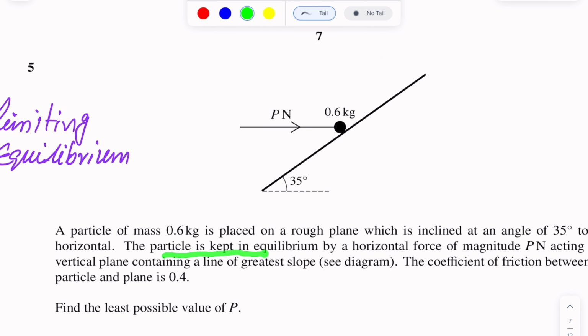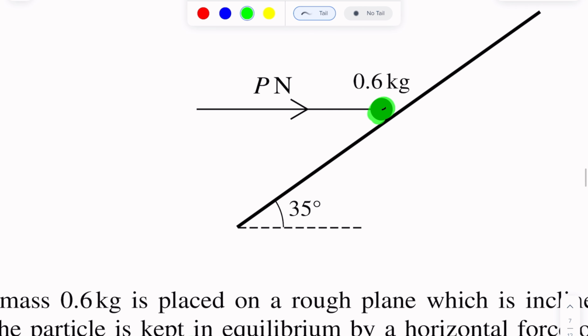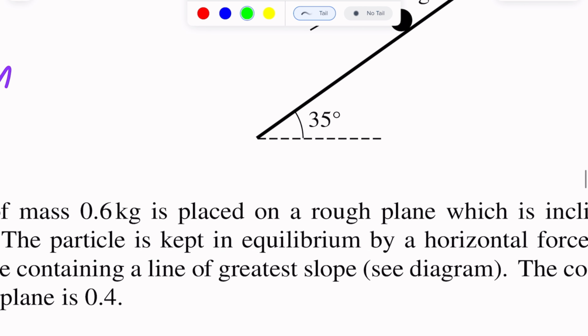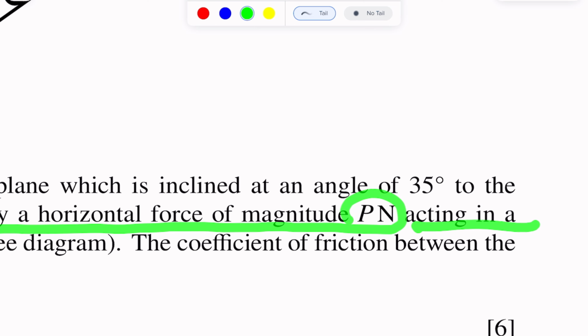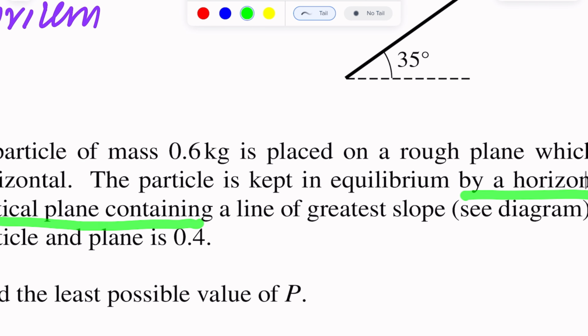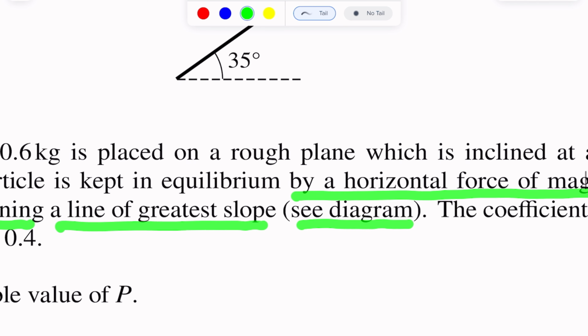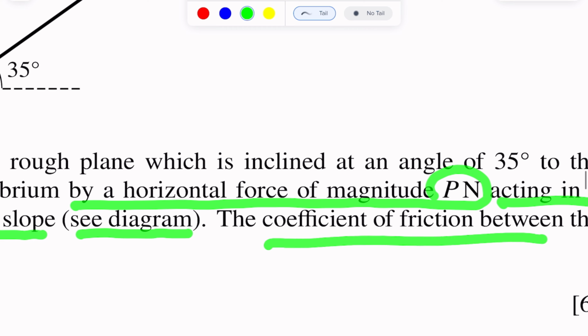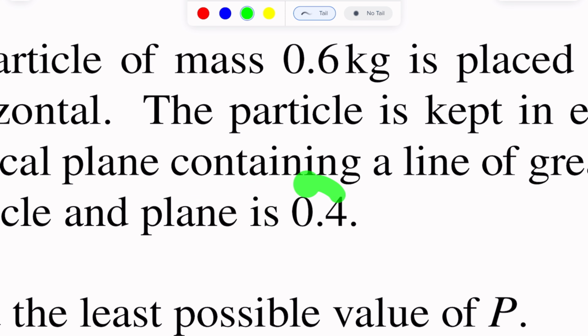The particle is kept in equilibrium by a horizontal force of magnitude P Newton acting in a vertical plane containing a line of greatest slope. See in the diagram, the coefficient of friction between the particle and the plane is 0.4.